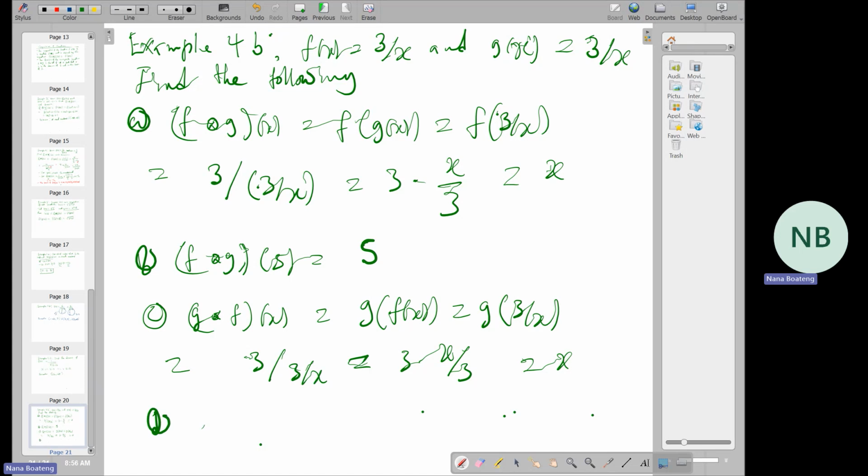So g of f of 5 is also equal to 5, because g of f of x is x. So g of f of 5 is equal to 5.